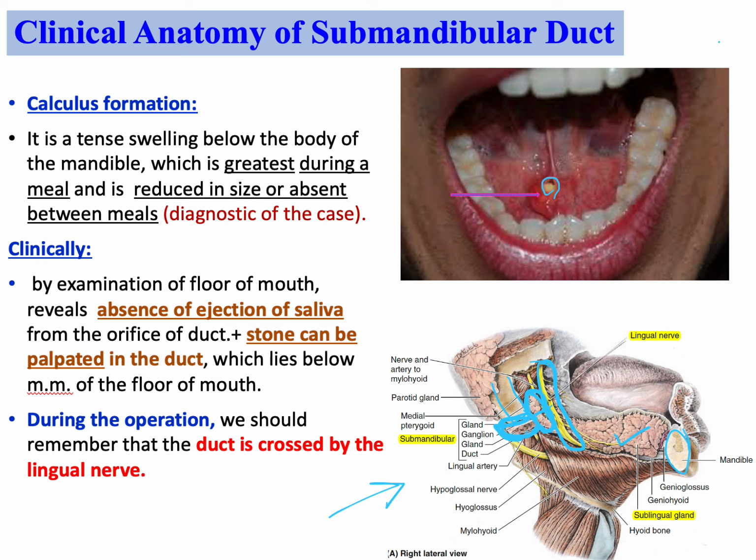More details in the next lecture, but please keep it in your mind that the duct of the submandibular gland is crossed by this nerve that's known as the lingual nerve, which is an important nerve.